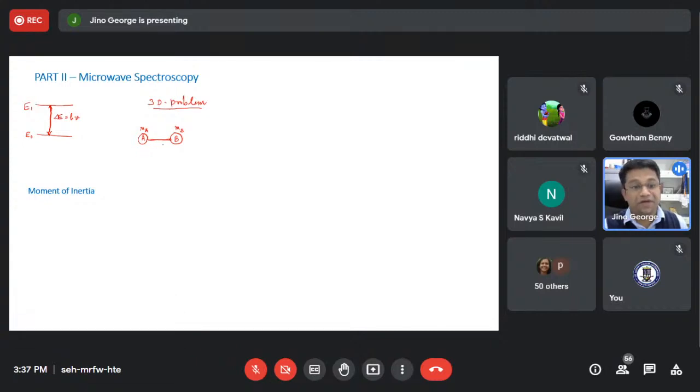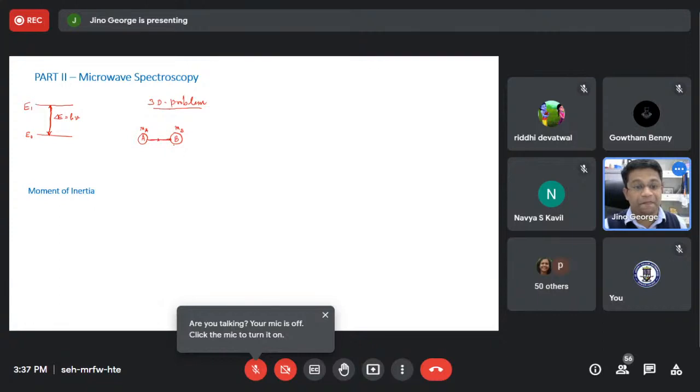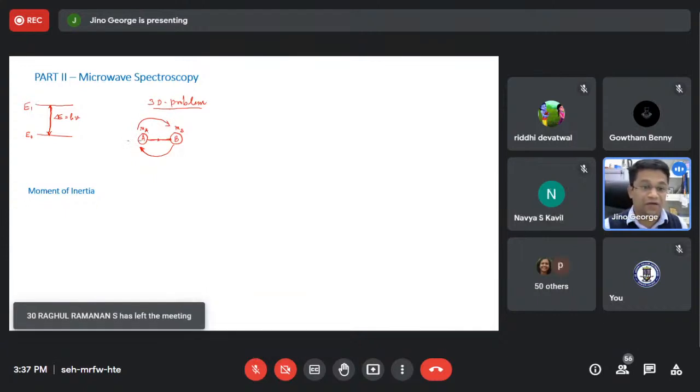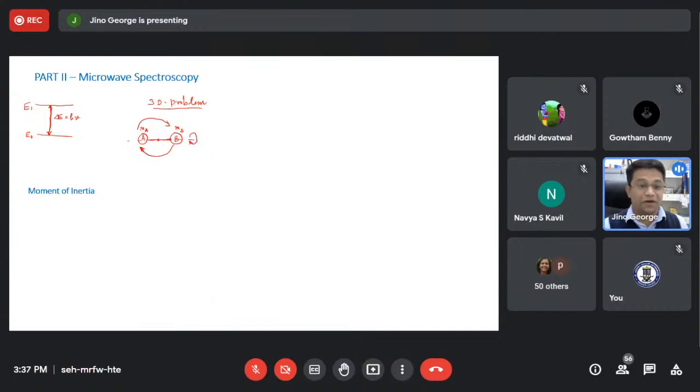So now you think about this same molecule. It can rotate with respect to its axis or in and out of the plane. There are three possibilities. I can rotate with respect to its axis, and it can rotate within the plane of the screen. We think this is a screen, I can just rotate A going up, B coming down, and then it's again rotating.